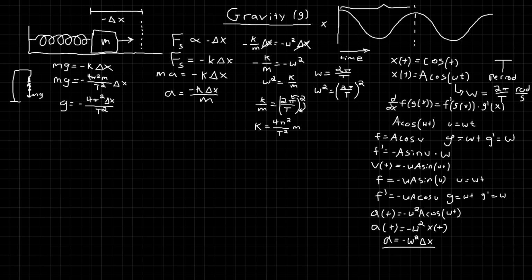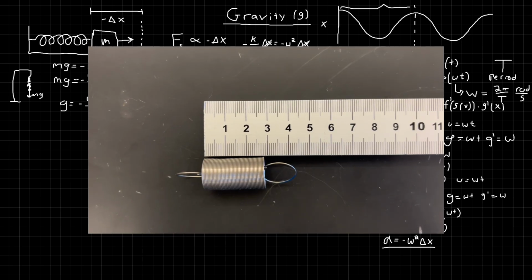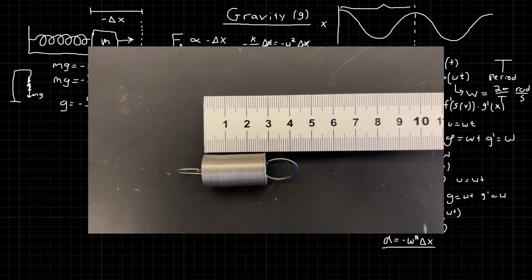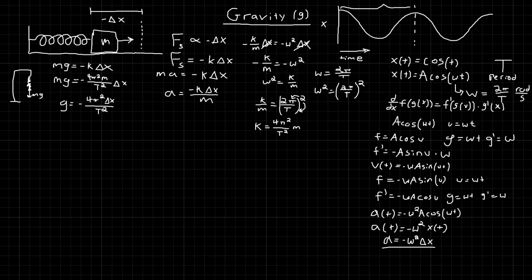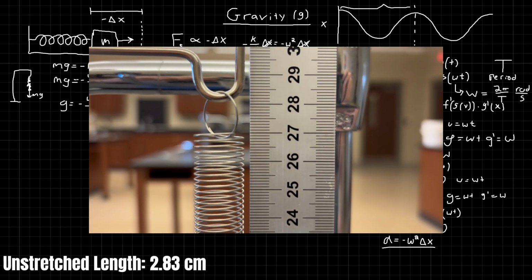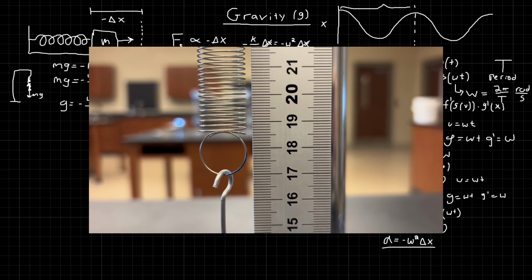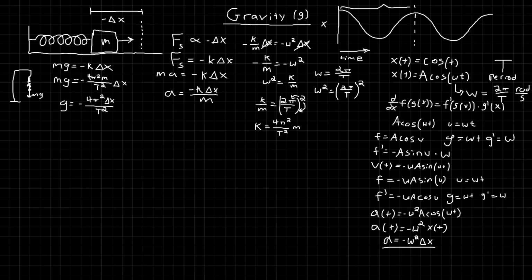But there is a question that arises. So the period is what we're going to be measuring in the lab, is how long it takes for one complete oscillation of the simple harmonic motion. The 4 pi squared is just going to be a constant, but the delta x is confusing because I said earlier that it's the distance from equilibrium. So in this case, I measured the unstretched length of the spring, and then I measured the length that it was stretched with the mass that we had put on it.